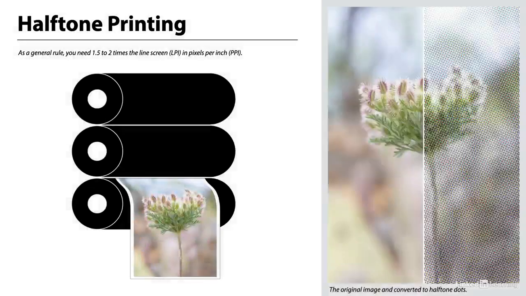Second, let's look at halftone printing. The most common example is the printing press. Although the image might start off as continuous tone, a photograph for example, in order to be printed to most conventional printing presses, the document needs to be converted into what's called a halftone pattern.